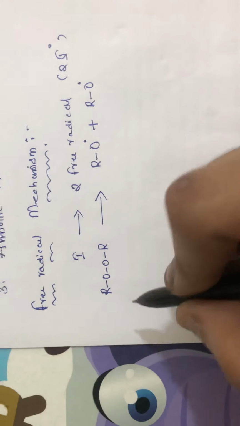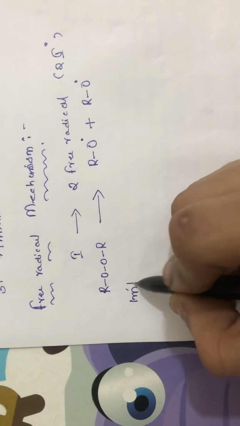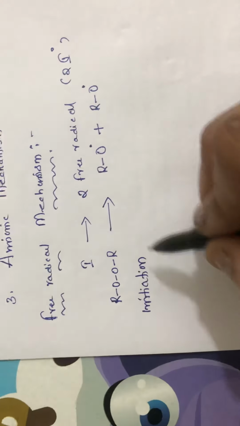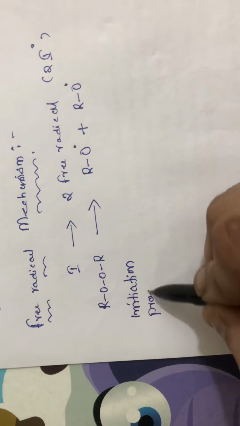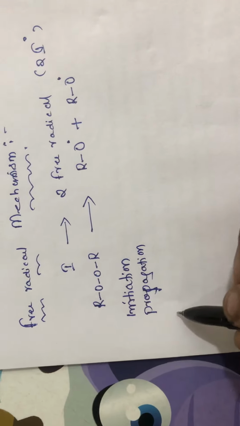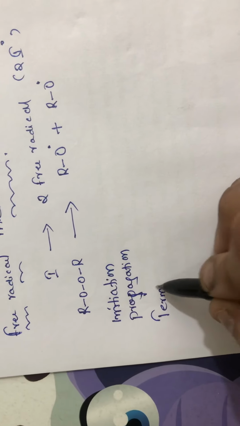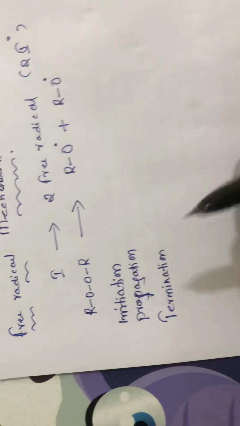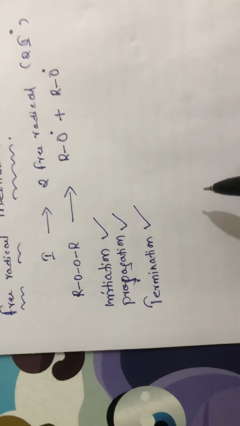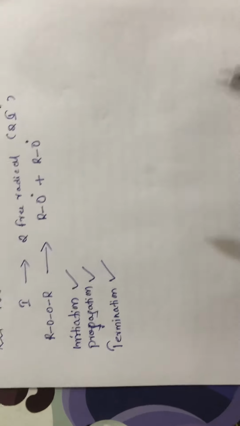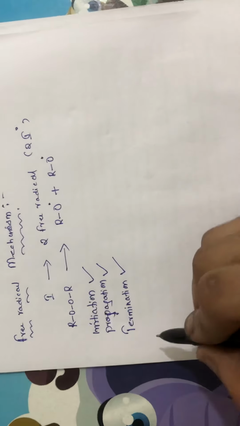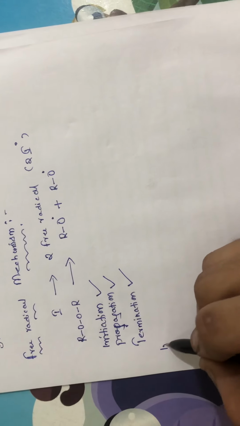One is initiation, another one is propagation, the other one is termination. Initiation, propagation, termination. These are the three steps involved in the mechanism of addition polymerization, right? So let us start with the initiation.